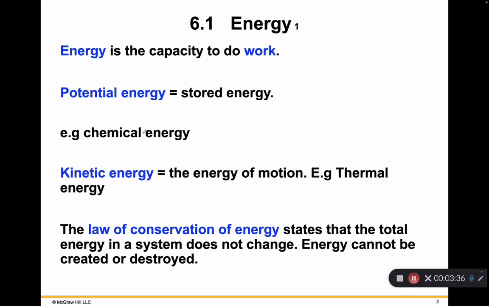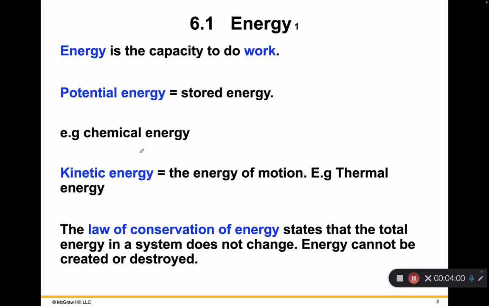Now the stored energy is converted into the energy of motion, and the energy of motion is defined as kinetic energy. So potential energy is the stored energy, while kinetic energy is the energy of the motion of particles.